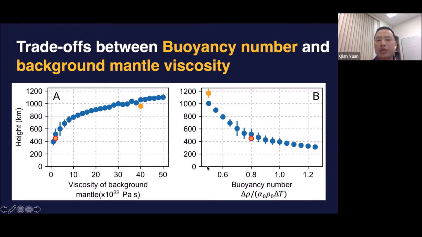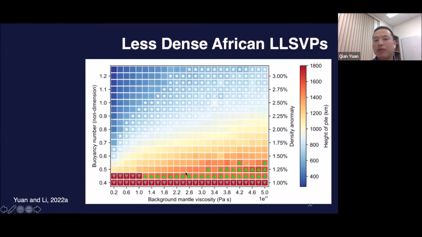Among the four parameters we're studying, we found these two parameters are the most important factors determining the height of a stable state pile. After knowing this, we did hundreds of calculations. This plot is a little busy, so let me explain. The x-axis shows the background mantle viscosity. The y-axis shows the buoyancy number, which is the density contrast between the pile and the background mantle, because we figured out these two are the most important factors.